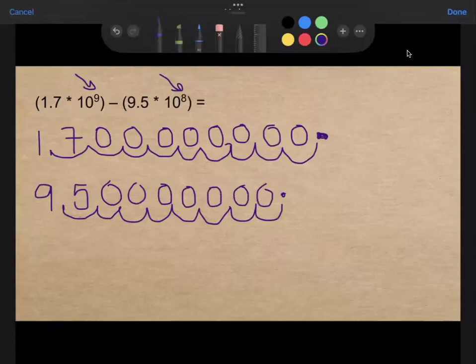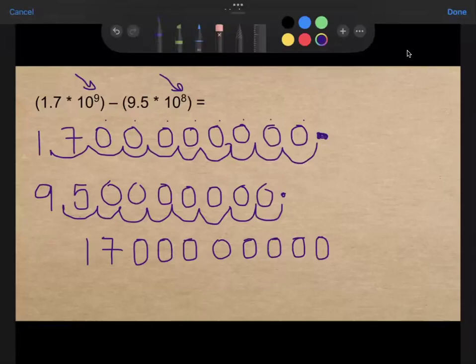Okay, since it's subtraction, I have to put the larger number on the top. The larger number is the 1.7 and it was listed first. So I'm going to put 1, 7. And then I need to add 8 zeros. 1, 2, 3, 4, 5, 6, 7, 8. Okay, now let's add that bottom number.